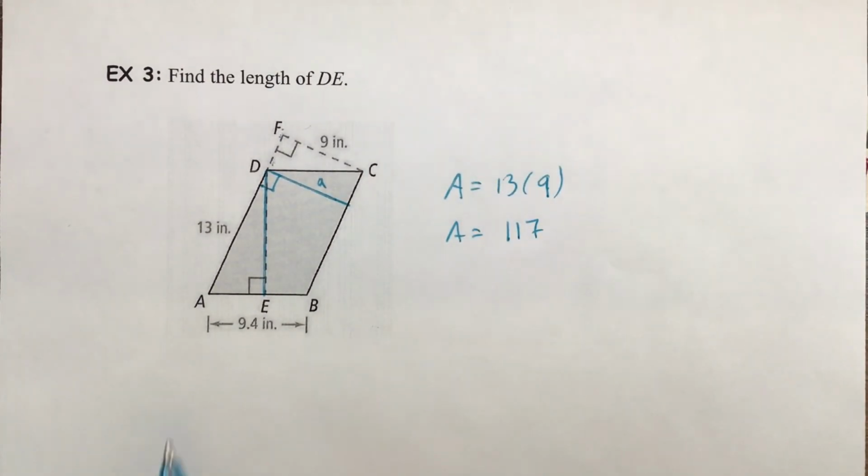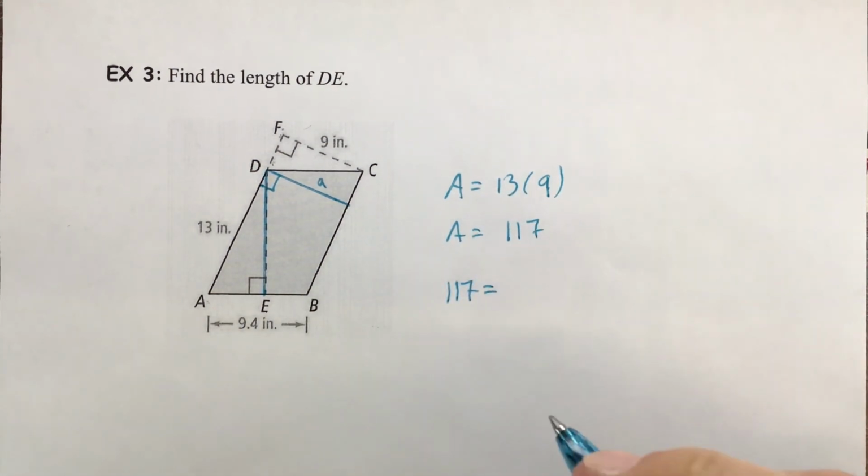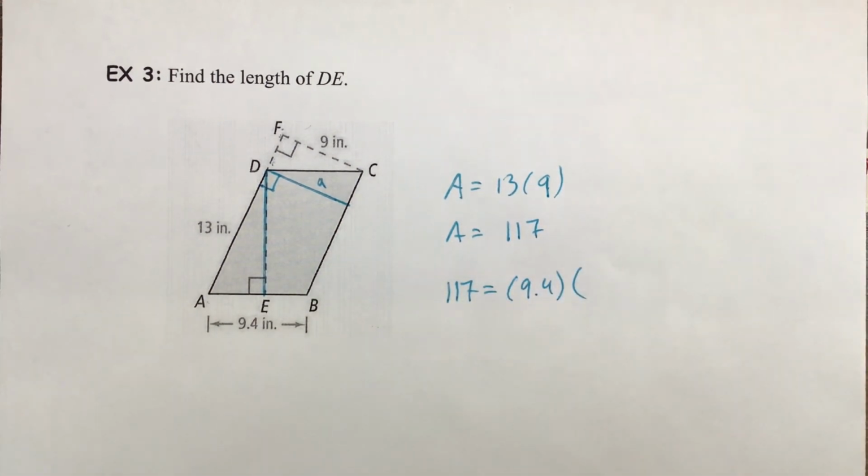Okay, now, the figure is the figure. Its area is its area. So, if we let AB represent a base, we could say that 117 is going to be equal to 9.4 times the perpendicular to that, which is DE.